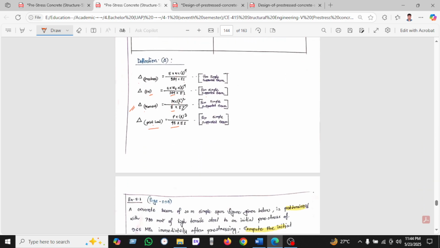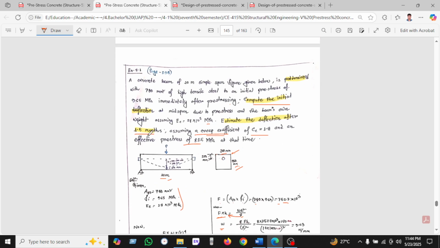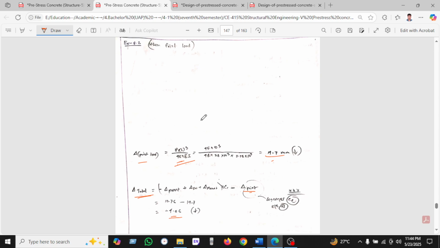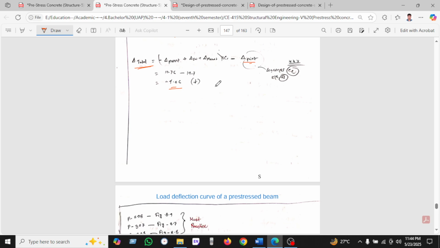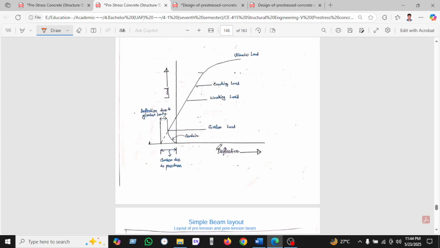And we can use the deflection formula for calculating the prestressed pretension member and compute the initial deflection and the deflection after 1.5 months. And we can see here for UDL, and we can also include the point load, then we can see what will happen. And then we can see the load deflection curve of prestress. This is the load deflection curve.